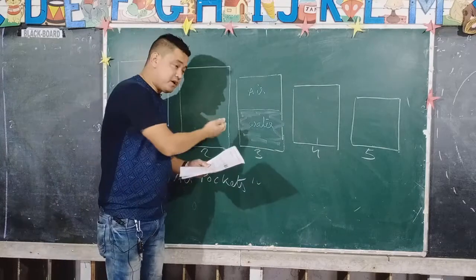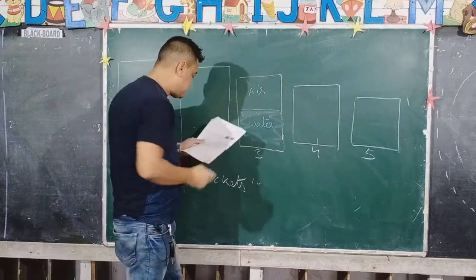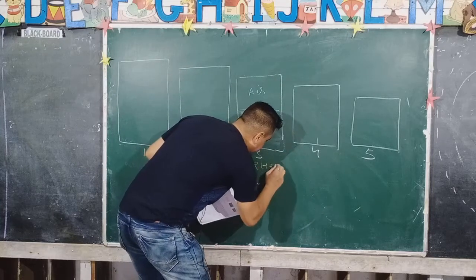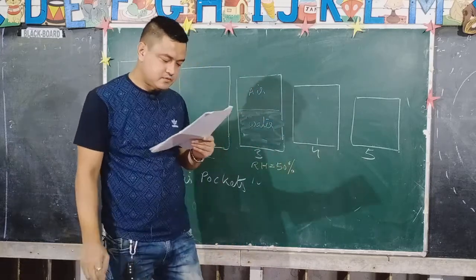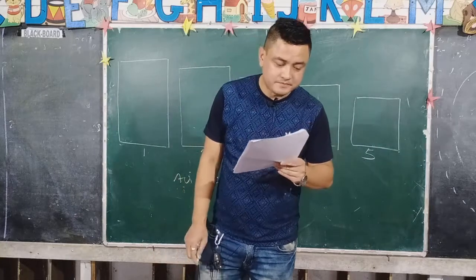In the middle pocket you will find that the pocket is half full. Half full means 50%. Relative humidity is 50%.